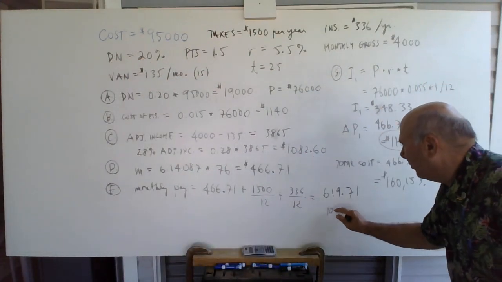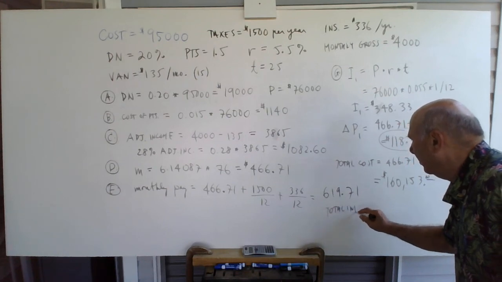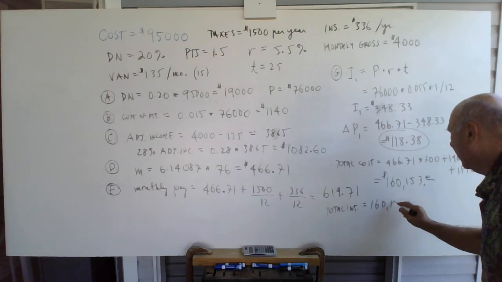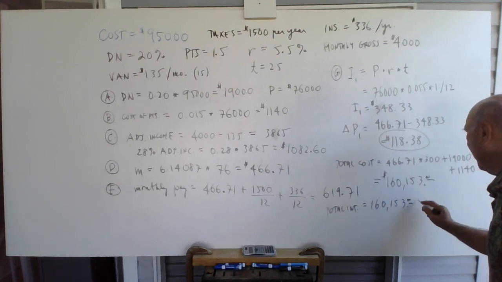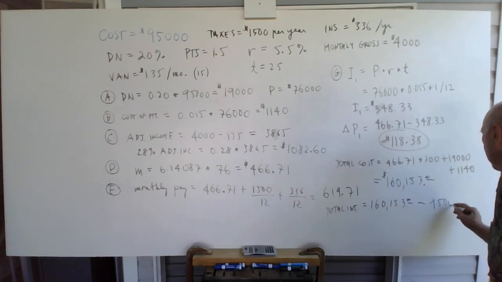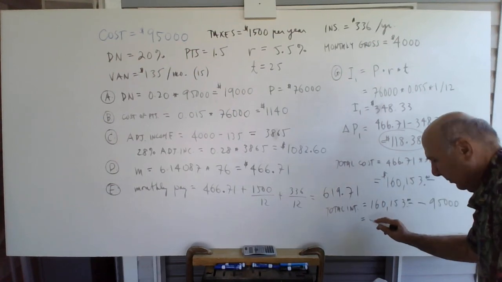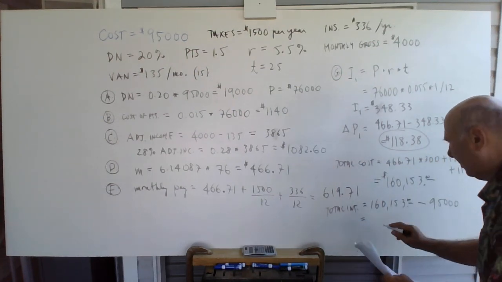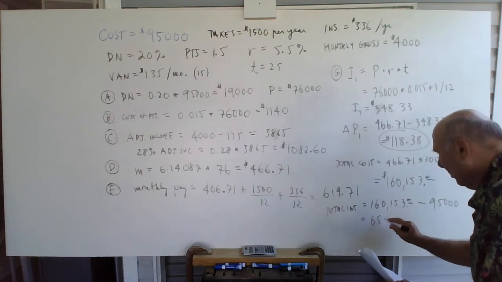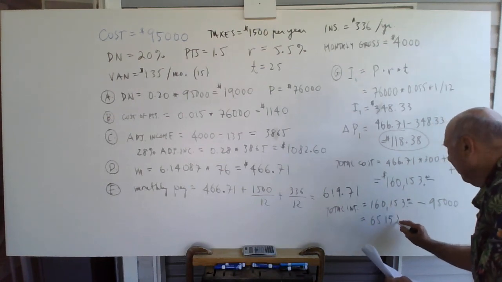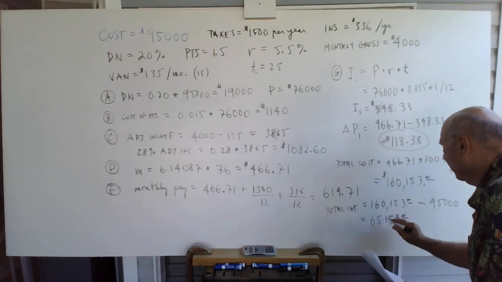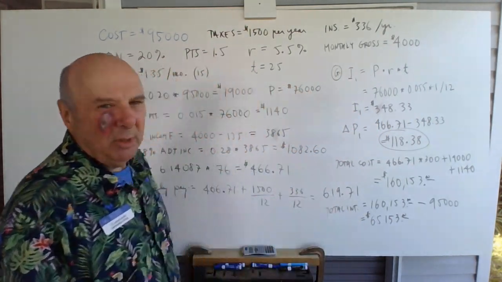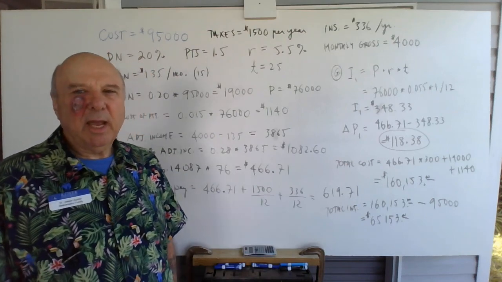So total interest, just subtract the $95,000. So that'll be $65,153. So she came in with a pretty good deal. I'd say Kathy got a pretty good deal.